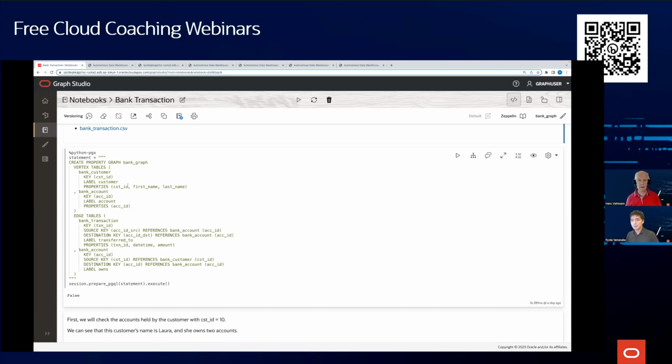For connecting these vertices, we need to define edges. One type is transfer to, an edge between account and account, which means one account transfers some money to another account. Such edges can have properties such as date, time, and amount. And another type of edges is owns.